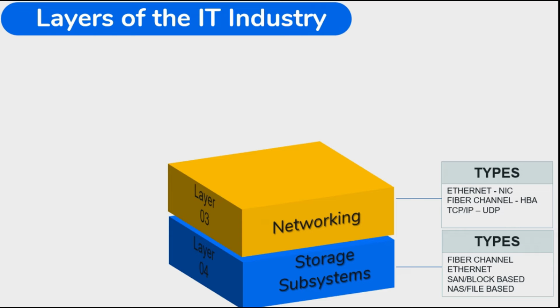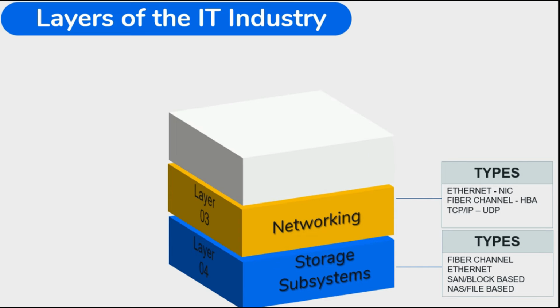On the contrary, with fiber channel, you have HBAs, or host bus adapters, again with HBAs at both the receiving end and the sending end. And we have the protocols, the TCP/IP protocol, the UDP protocols. So all these protocols come under networking. So this is the entire layer 3.